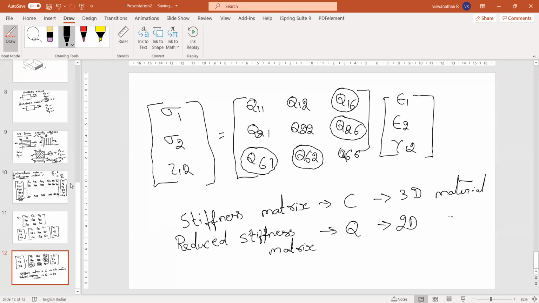Yes, we discussed about this. What did we discuss? For an extensional stress, can somebody try this? For an extensional stress, you get what kind of strain?